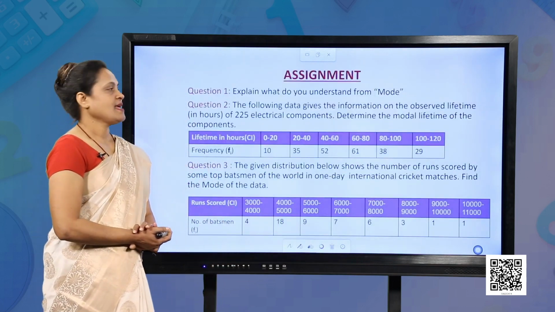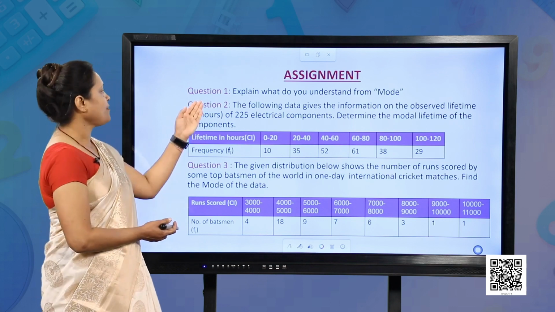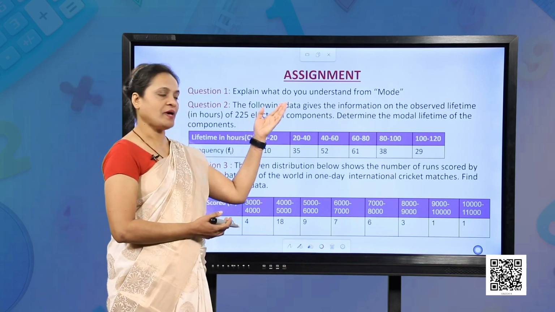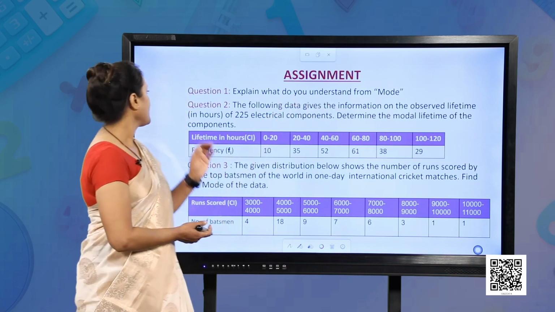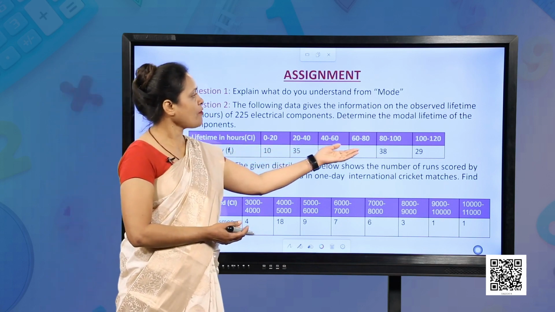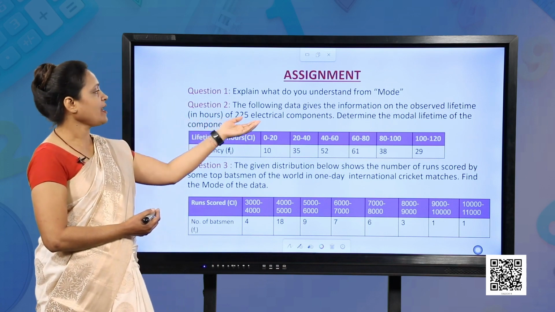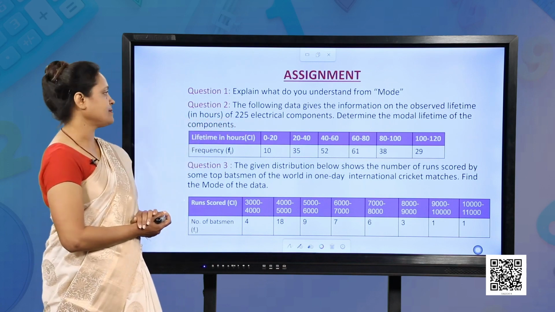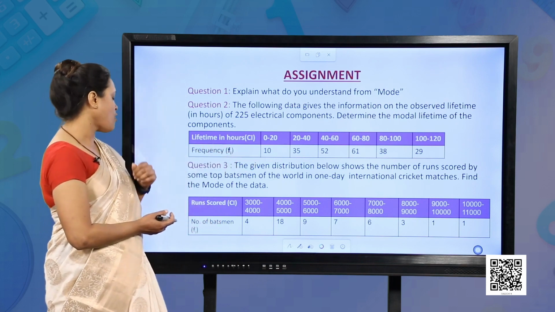Now, students, do this assignment for your practice. The first question is, you need to explain what you understand from mode. Question number 2 is that this data gives you information on the observed lifetime in hours of 225 electrical components. You have to find out the modal lifetime for these components.